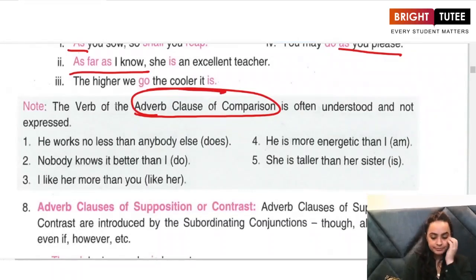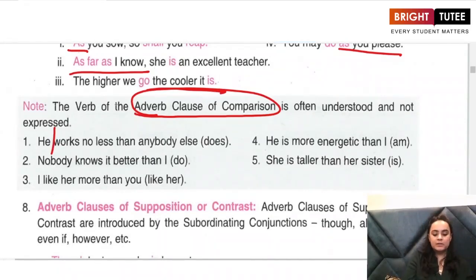For example, he works no less than anybody else. I should have written he does his work no less than anybody else, but that is not required. I can easily skip does.